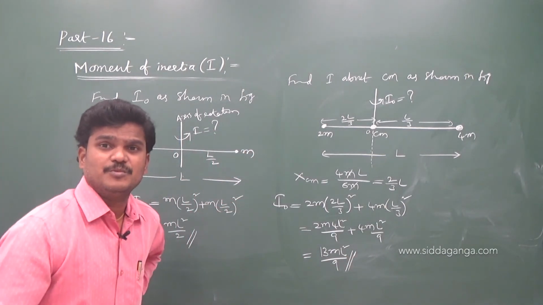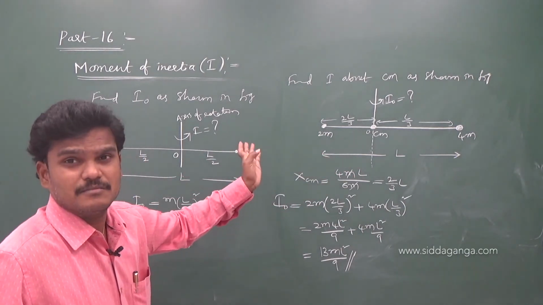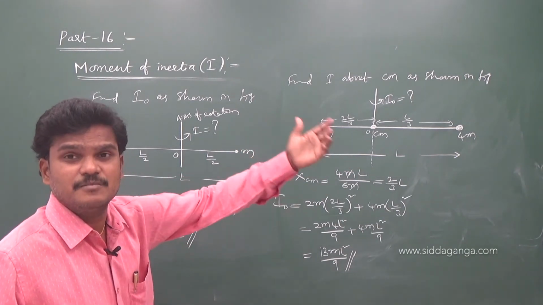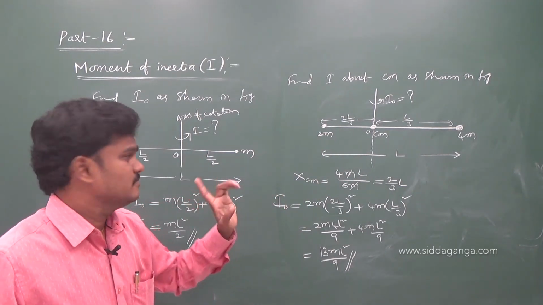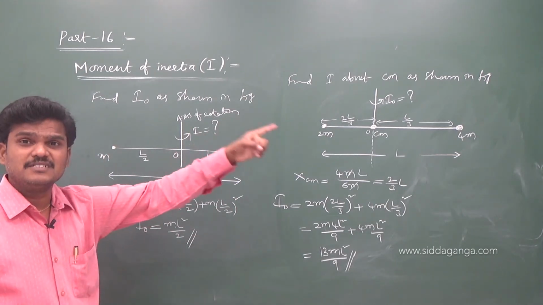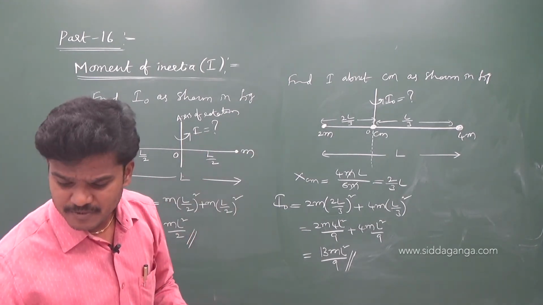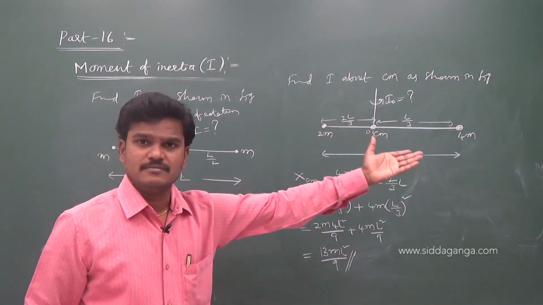Okay, don't think moment of inertia means if it is the center of mass, that left side particle is at L by 2 distance, right side particle is at L by 2 distance. It's not correct. If masses are same, correct. If masses are same, this is the center of mass. If masses are not same, what about the center of mass? Will it be at the midpoint? No, actually it is nearer to the heavier mass.